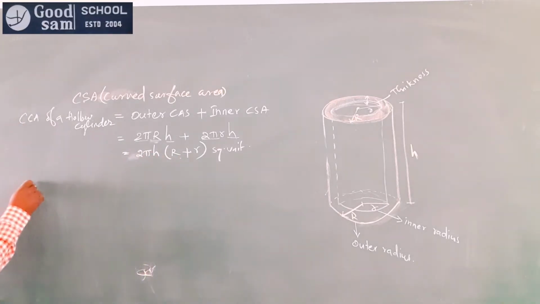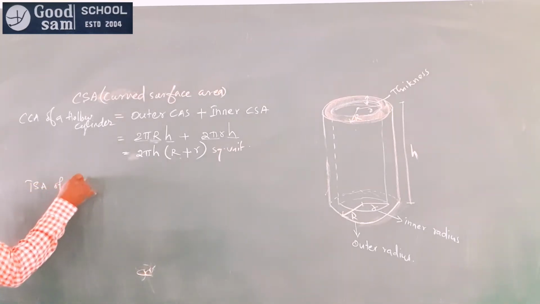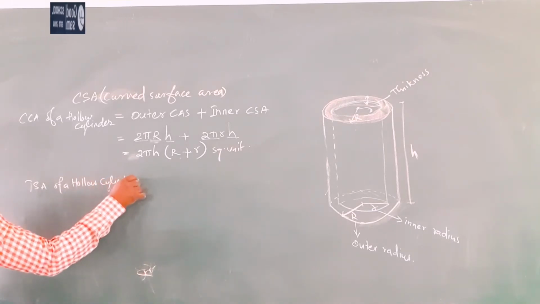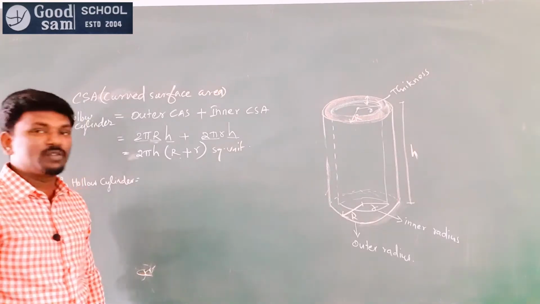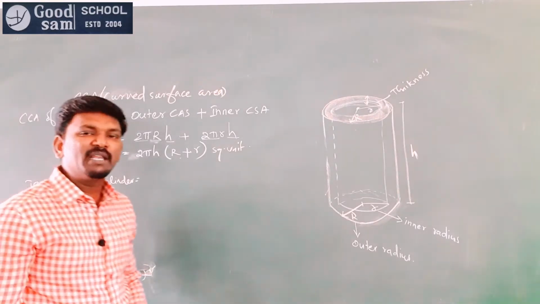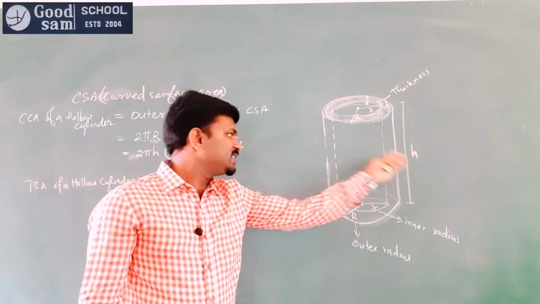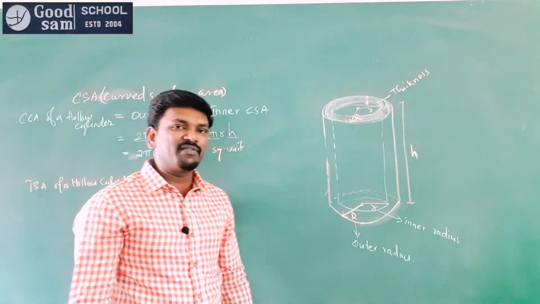Clear? Okay, next, TSA of a hollow cylinder, the total surface area. What is meant by total surface area? We already studied it in the first video. Total surface area means CSA plus the area of the top and the area of the bottom.